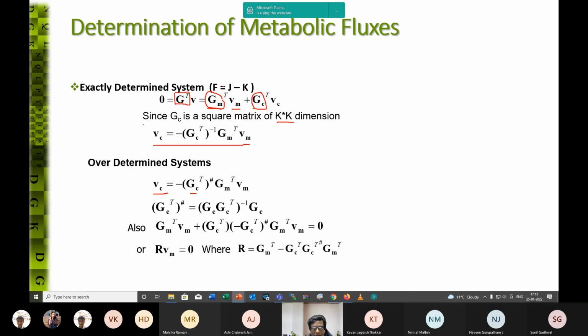Whenever the number of equations matches the number of metabolites, you get what is called an exactly determined system. That means you have no degrees of freedom. Because the number of variables and number of equations match, you would get a unique solution for every variable that is there.